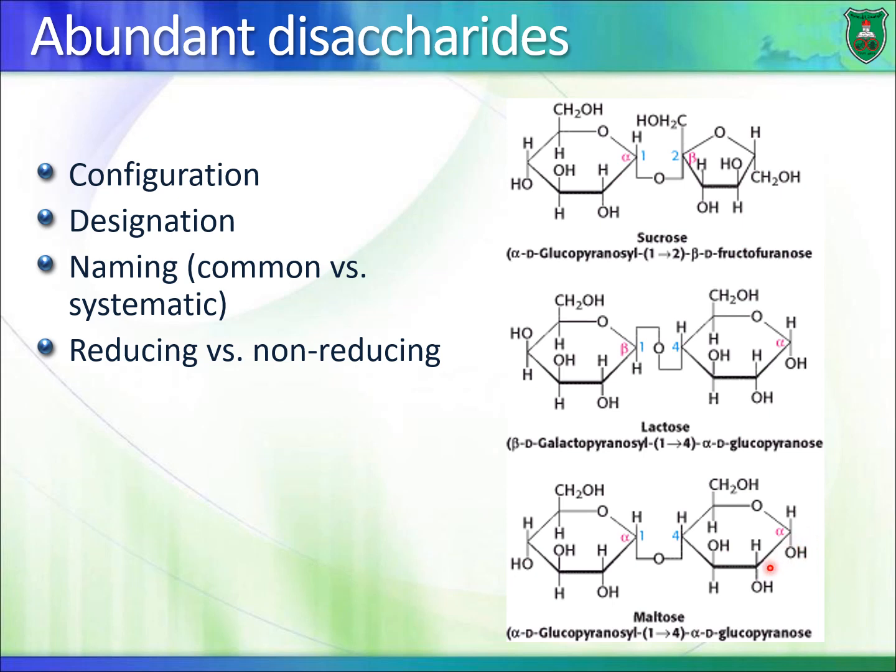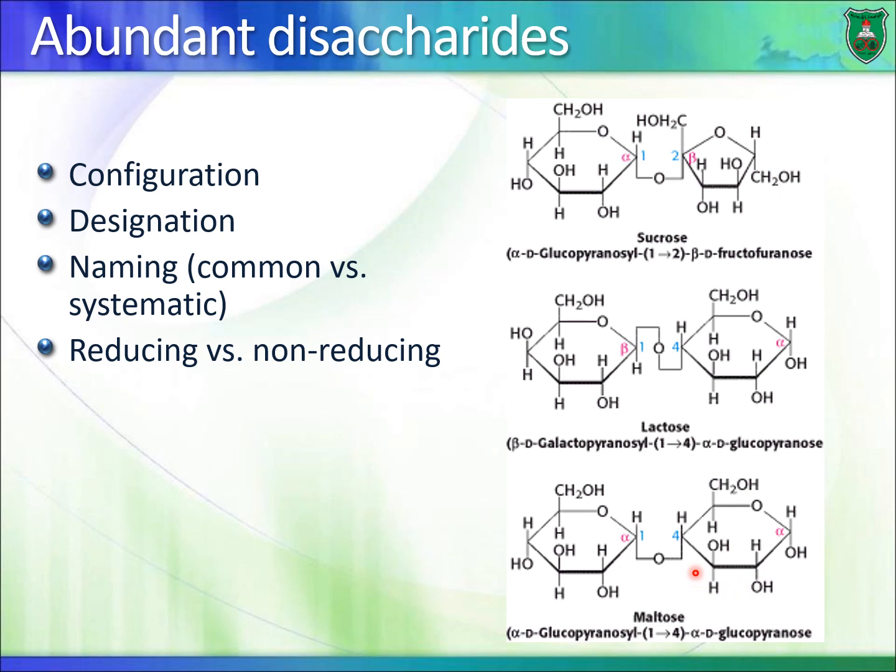Again, it's a pyranose sugar, a hexose, 6 carbons. You look at the hydroxyl group of carbon number 2, downward. Then this one is going upward. Then this one is going downward. So you know it is also a glucose. So it is a glucopyranose, and the anomeric carbon is in the alpha orientation.